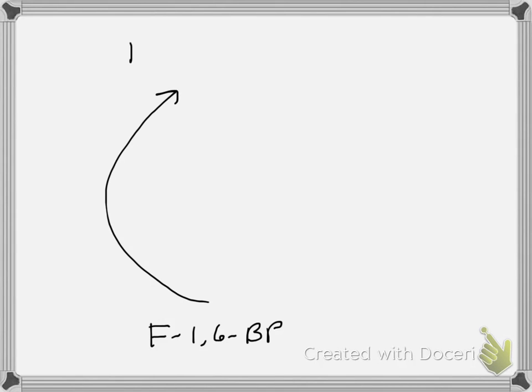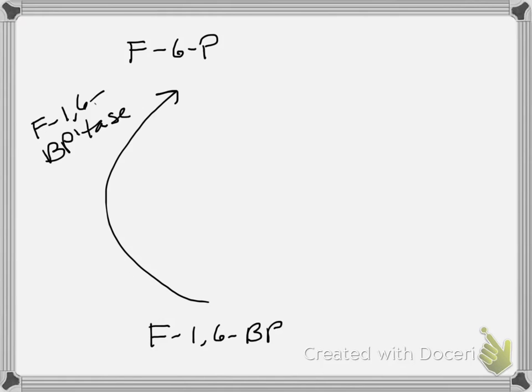Okay, so let's pick up where we left off. And what we saw here was fructose 1,6-bisphosphate being converted into fructose 6-phosphate by the fructose 1,6-bisphosphatase enzyme.